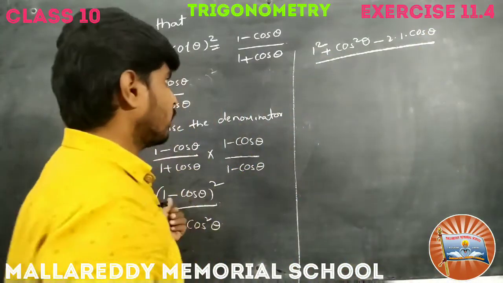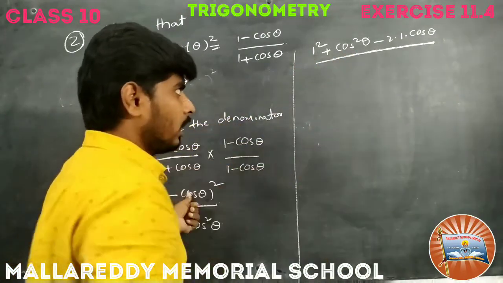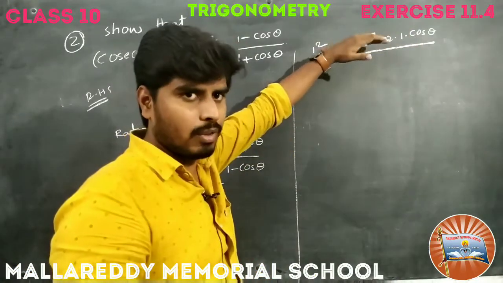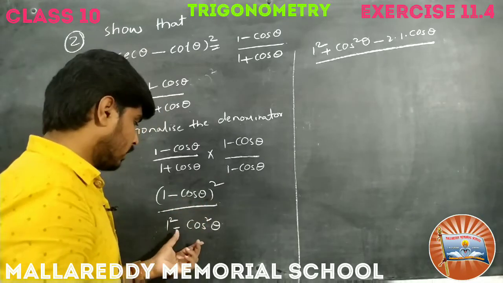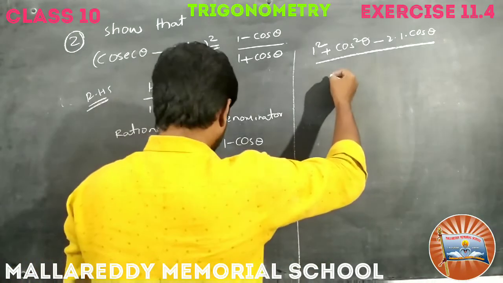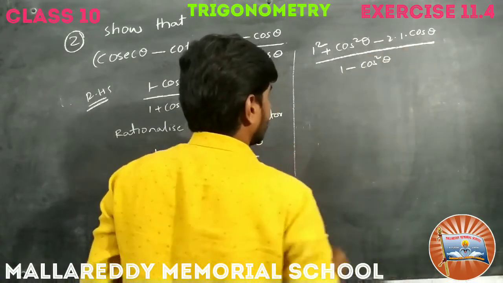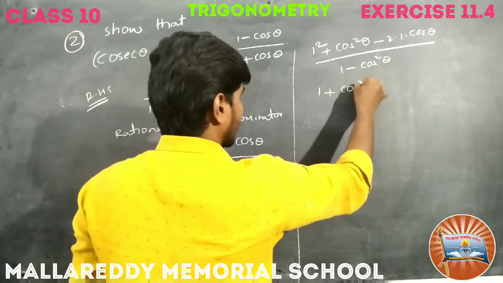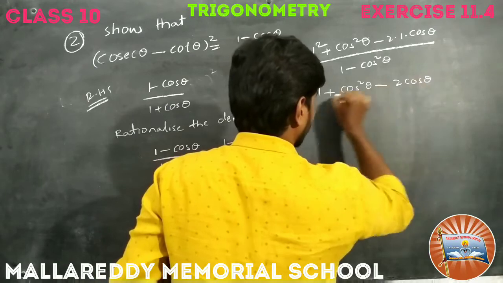So in place of a, 1 is there, in place of b, cos is there, minus 2ab. This I am applying here, the (a minus b) whole square formula for this (1 minus cos theta) whole square. Okay, right. So here it is 1 minus cos square theta. So 1 plus cos square theta minus 2 cos theta.